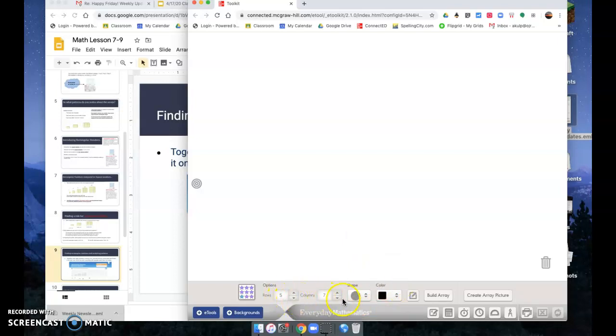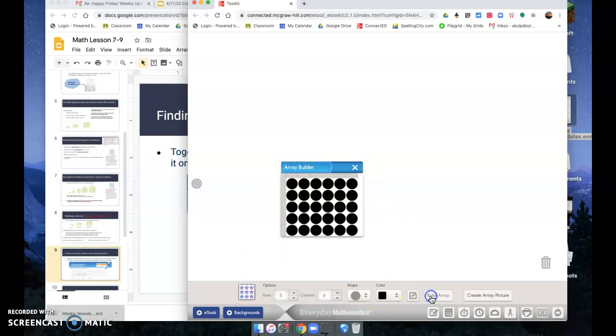And we want to make 5 rows, 6 columns, build array. We have a 5 by 6 array.